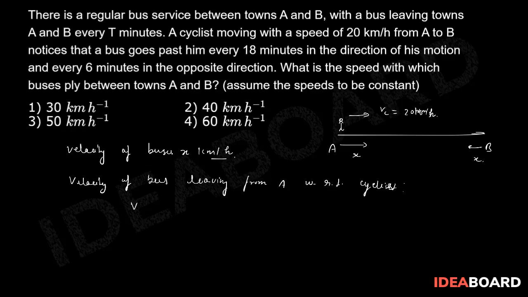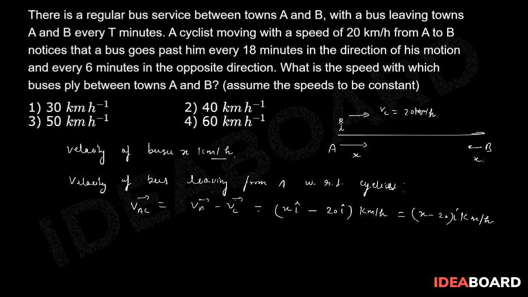So we are finding VAC. So VAC will be VA minus VC. Now the value of VA is x i cap, minus VC is 20 i cap. Both are in i cap direction, kilometer per hour. So this will be x minus 20 kilometer per hour.